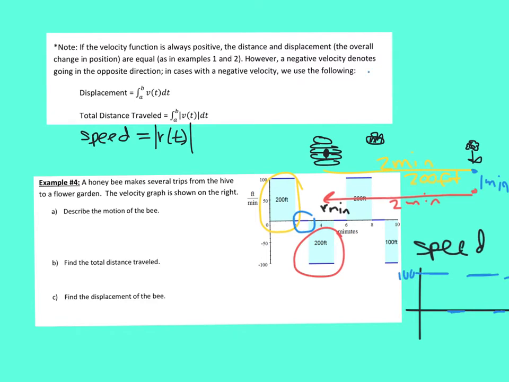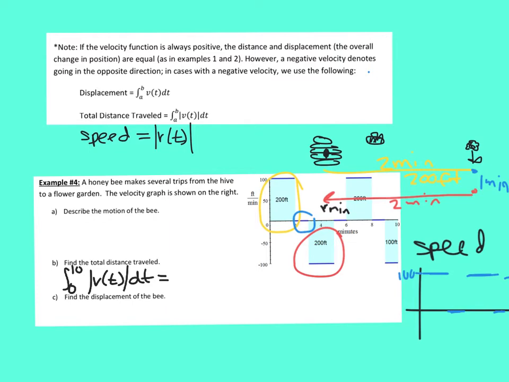So for part B, you're asked to find the total distance traveled, and we do have this formula right here. We're going from 0 to 10, and we are looking at the absolute value of the velocity. So now the absolute value of the velocity is going to be the area under that curve, but anywhere that we have something negative, we are going to make that positive.